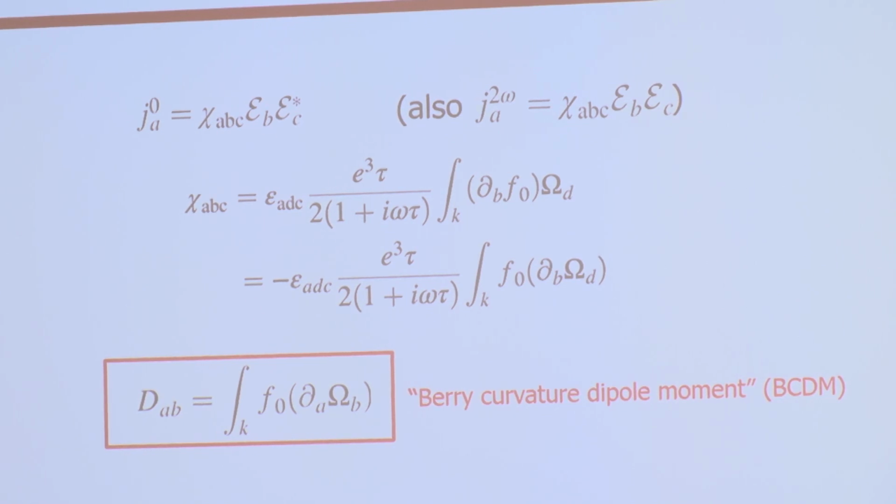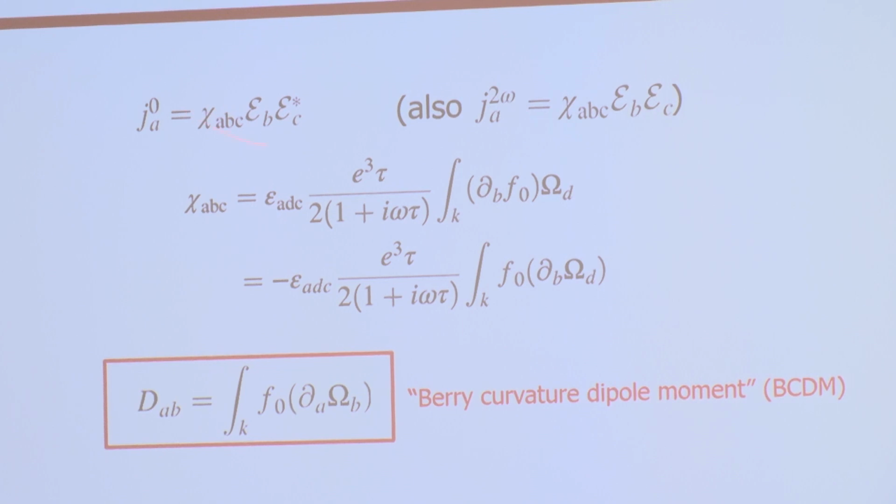Since I have two powers of electric field, this is a nonlinear effect. And so there's a current which is proportional to the product of these fields. The star here means that this is at e to the i omega t, and this is at e to the minus i omega t. And it has to be antisymmetric in components B and C, obviously.